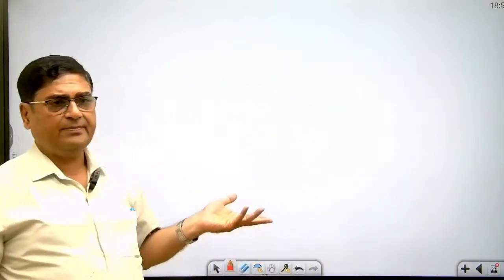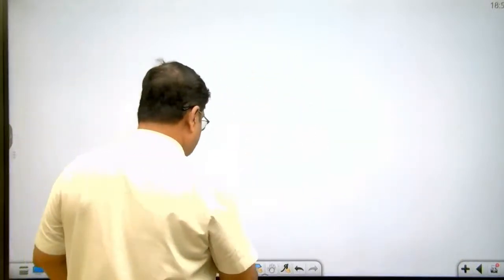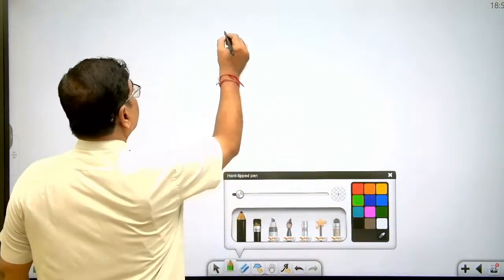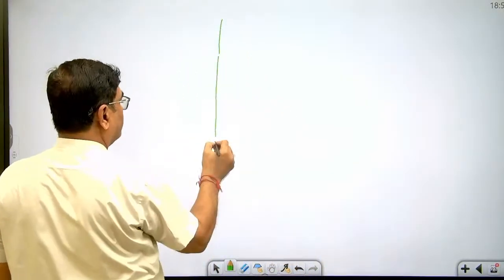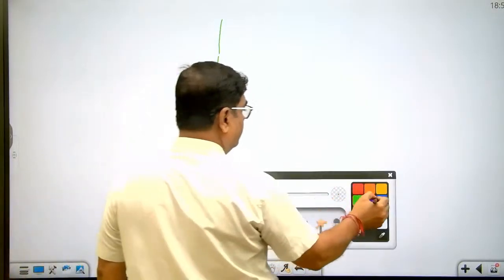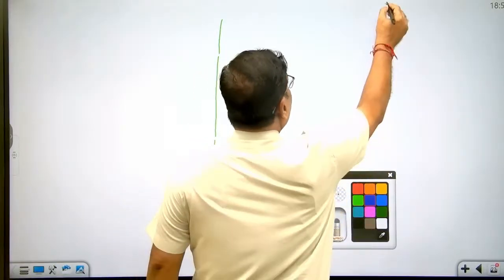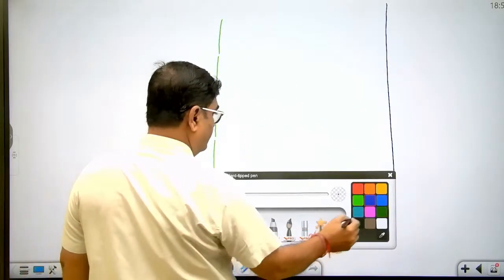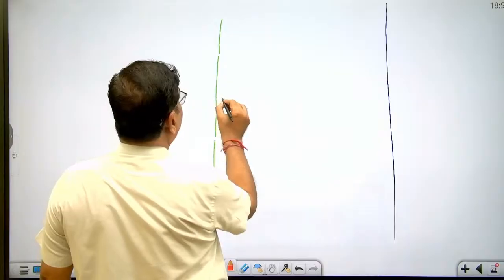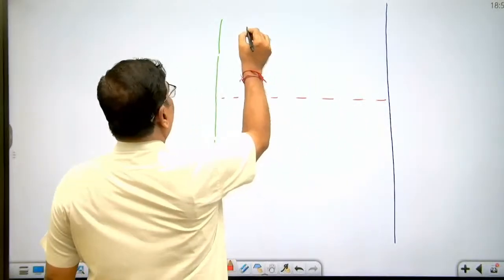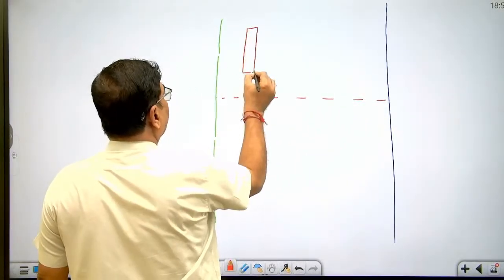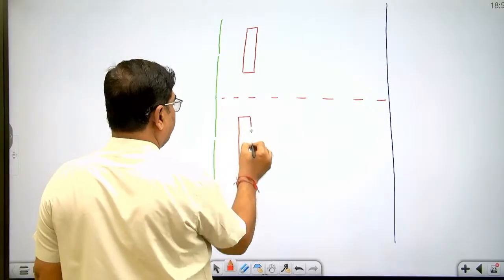Now let us see, if we place a slab in front of both the slits, then what will happen? Now see here. Suppose we have placed one slab here and we have inserted another slab here.